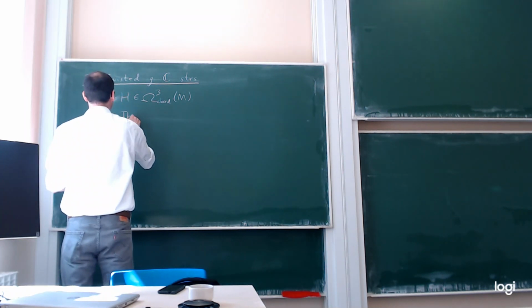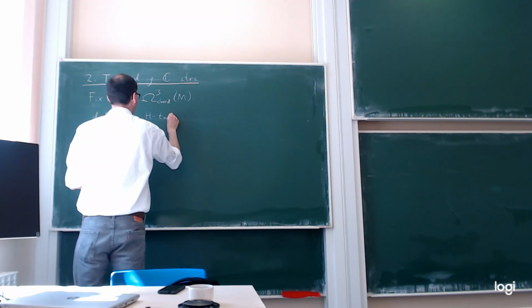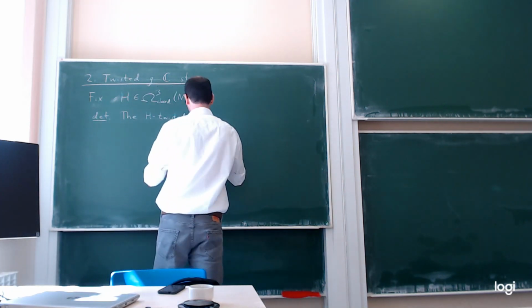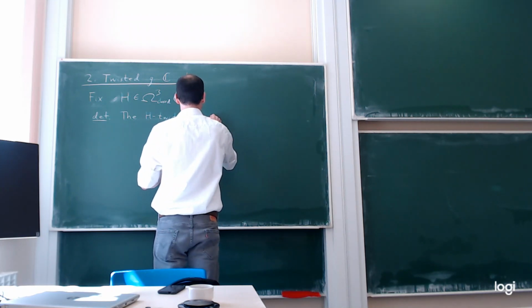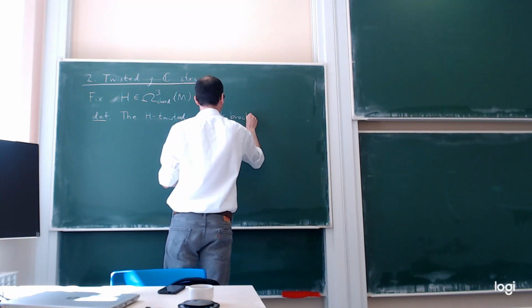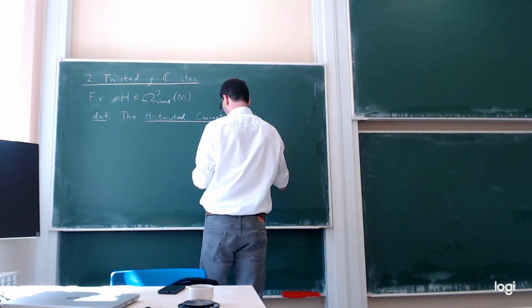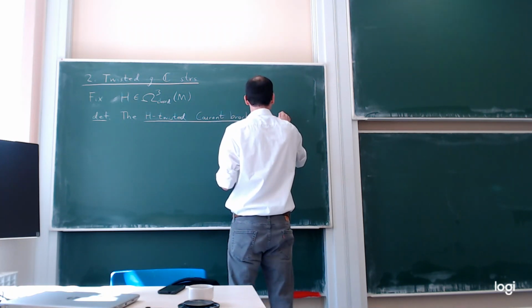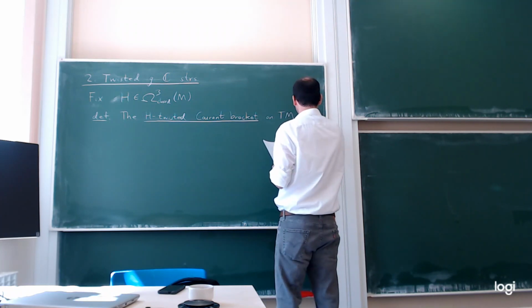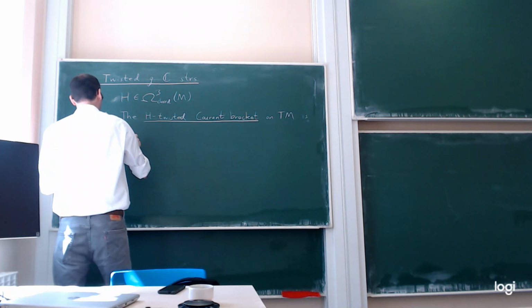The H-twisted Courant bracket on the generalized tangent bundle is given as follows.